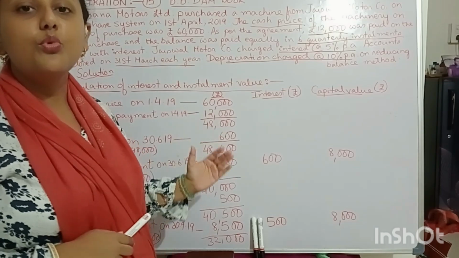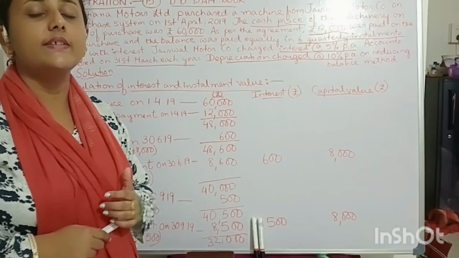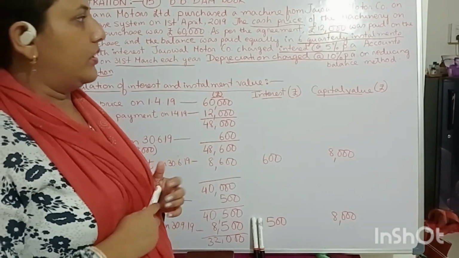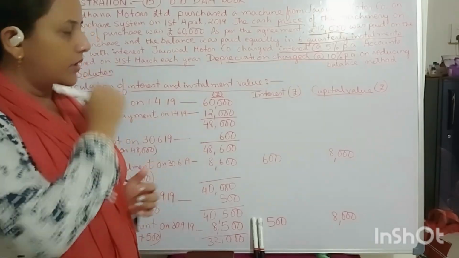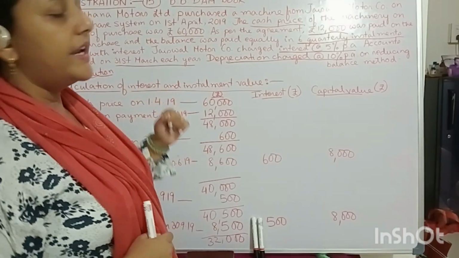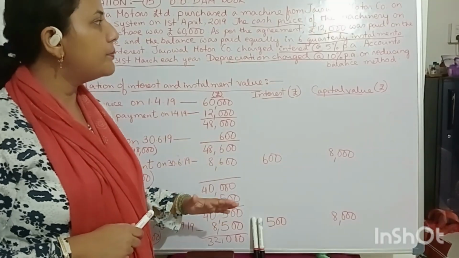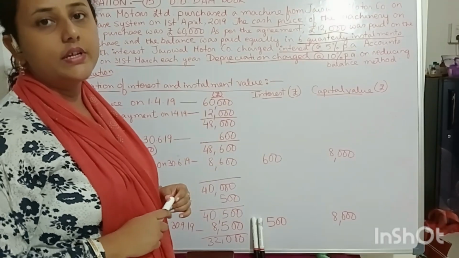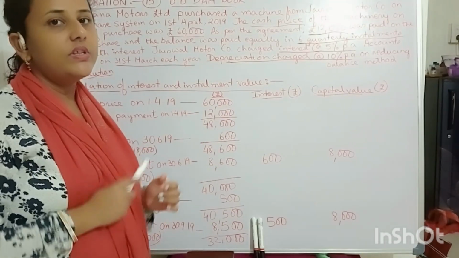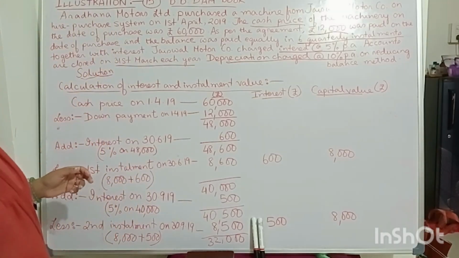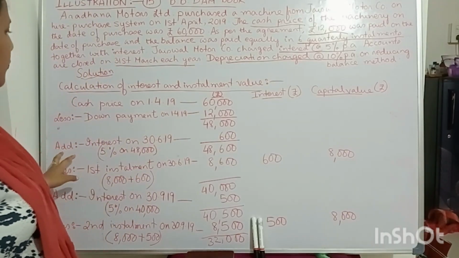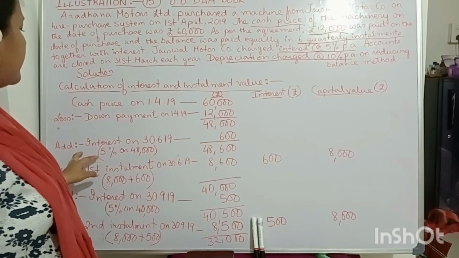What is the portion of cash price of the asset? It is 8,000, which will be paid in 6 quarterly installments along with interest. So you see 48,000. Now with that you have to add interest.